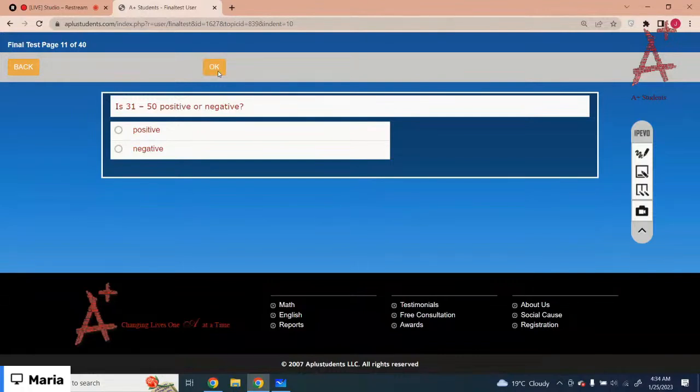Because 50 has a negative sign, so the answer must be negative. So it is negative. I forgot to select the option, sorry.